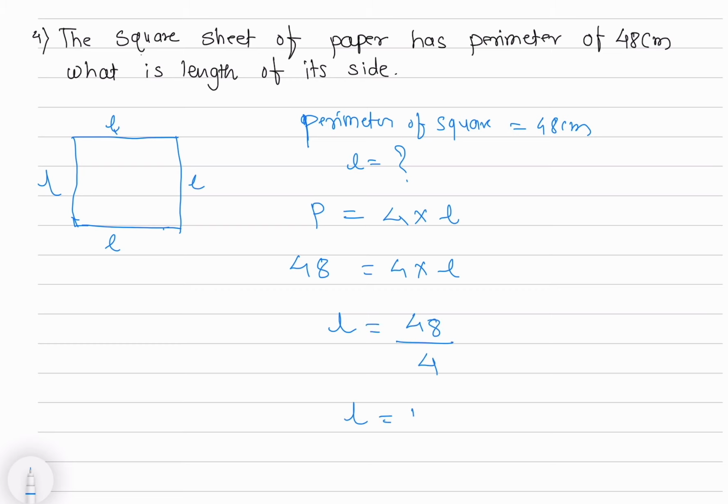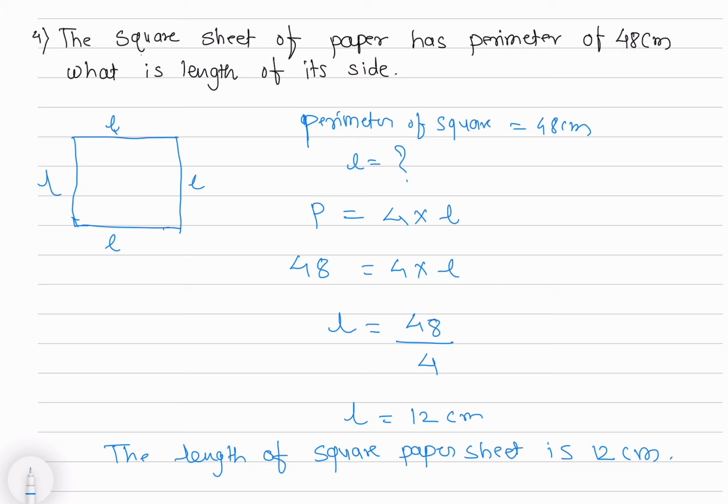So L is equal to 12. So the length of the square paper sheet is 12 centimeter. This is the answer.